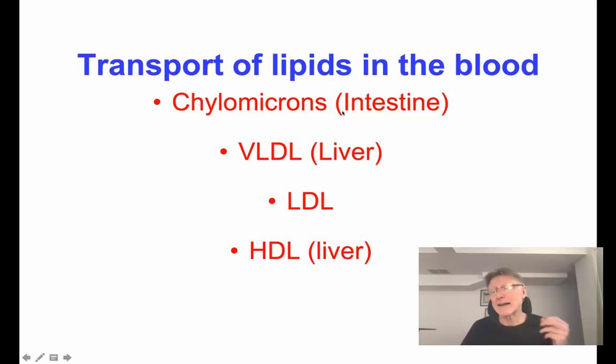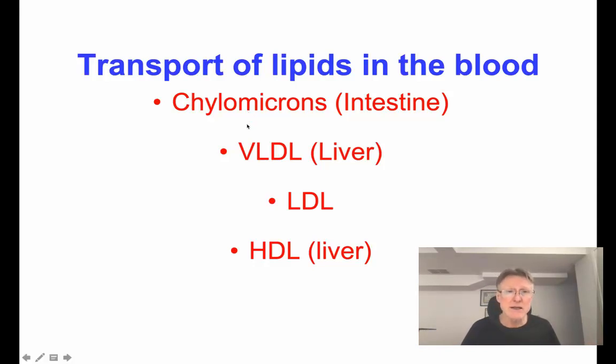Obviously, from a dietary point of view, from a nutrition point of view, it's the chylomicrons that transport all the fat that we get from the diet, because this is where the fat is digested. It's in the intestine that it is organized in a particle, and that's where this particle is formed and transferred into the circulation to be used by cells and tissues.